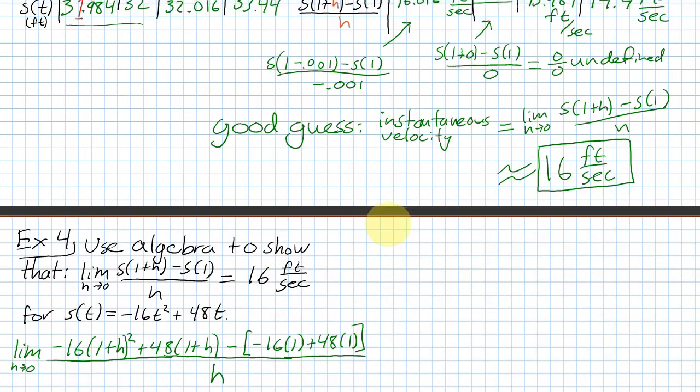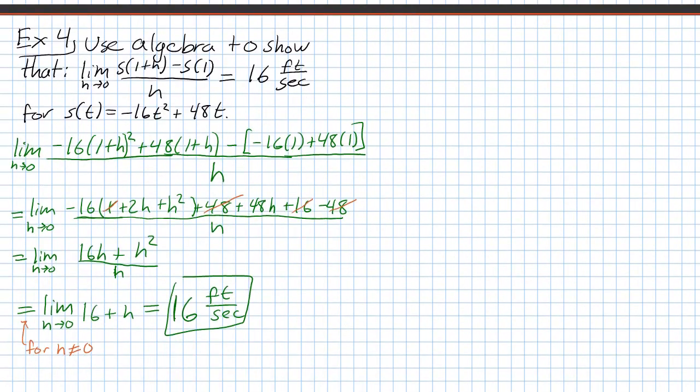But the algebra tricks here, like the stuff we did in section 1.9, hopefully you watched the 1.9 video before this one, will help you understand that you can really prove that it's exactly 16. And then we'll look at some more stuff next.